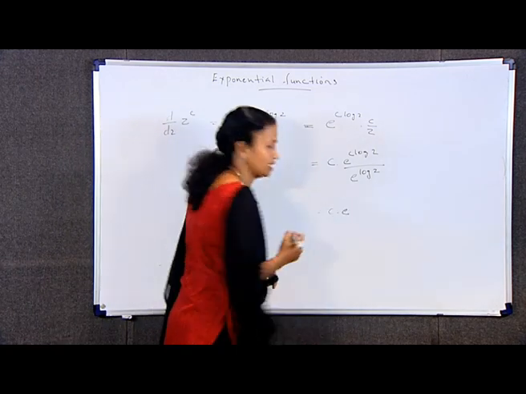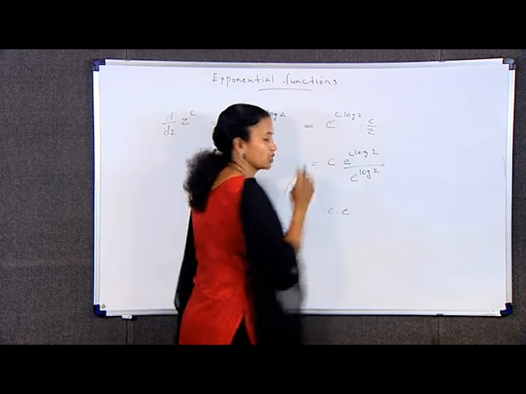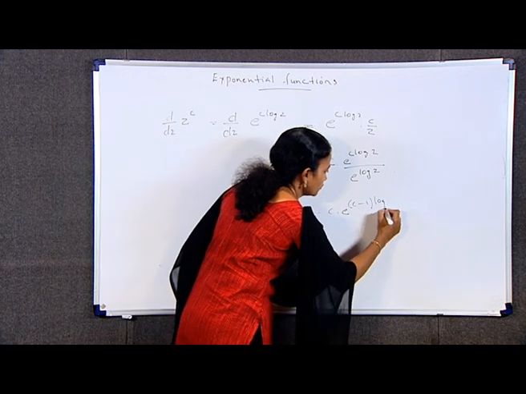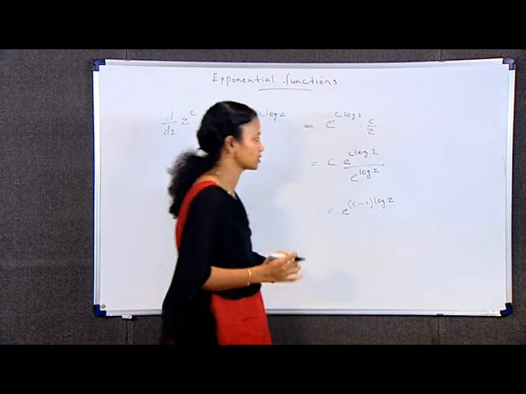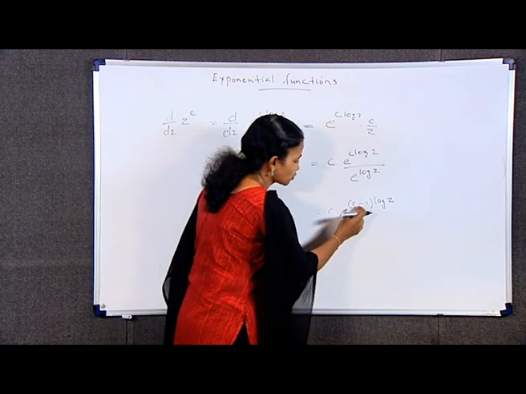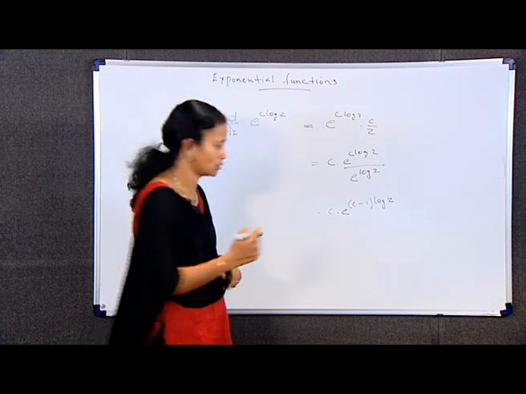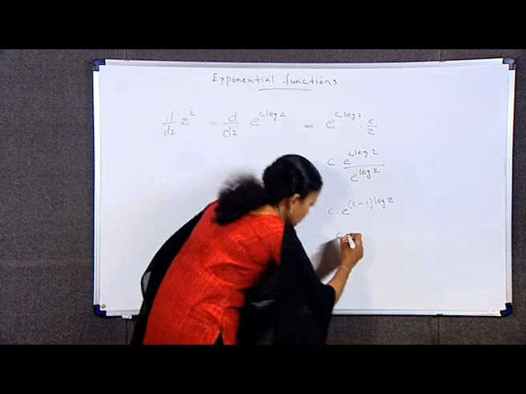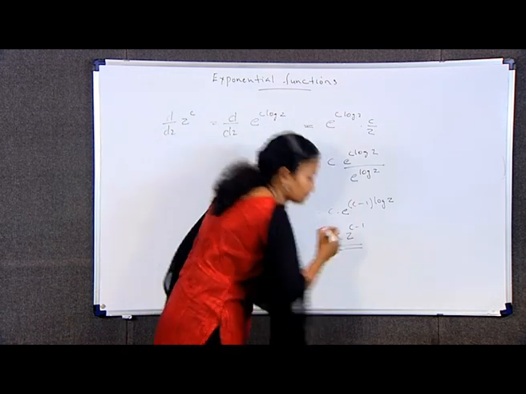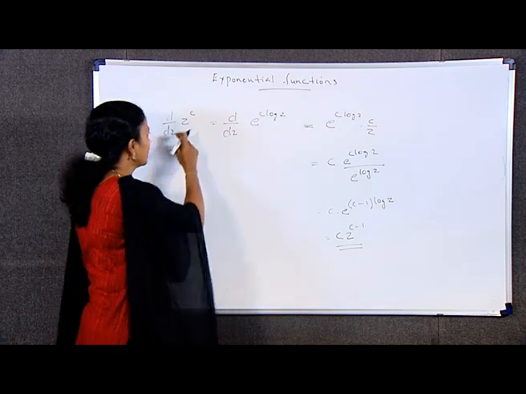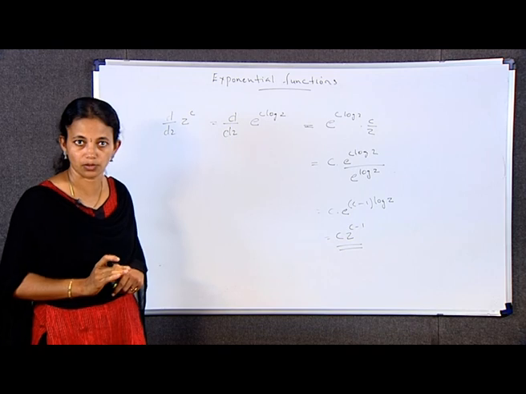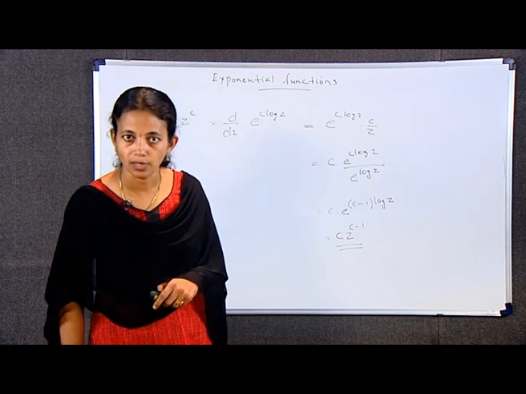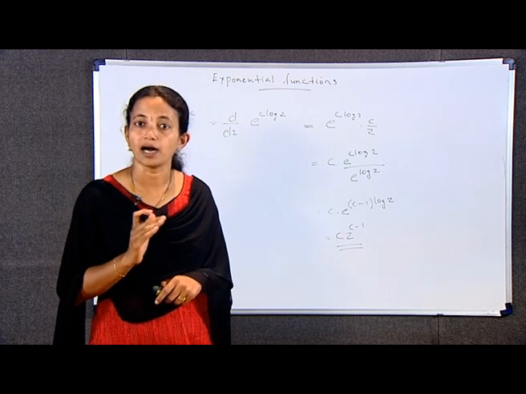Taking e raised to log z to the numerator, it becomes e raised to c minus 1 times log z, which is equal to c times z raised to c minus 1. That is, d by dz of z raised to c is equal to c times z raised to c minus 1, where mod z is greater than 0 and argument of z lies between alpha and alpha plus 2 pi.